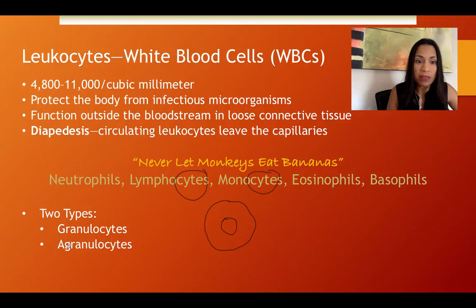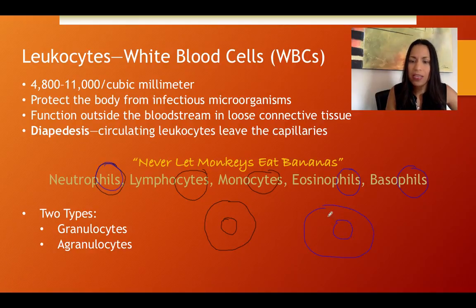Whereas the ones that end in phils, in another color, let's get blue, neutrophils, eosinophils, and basophils, we have the cell, the nucleus, and a lot of granules, little vesicles in the cytoplasm. So the cytoplasm looks grainy. This one looks smooth, this one looks grainy.